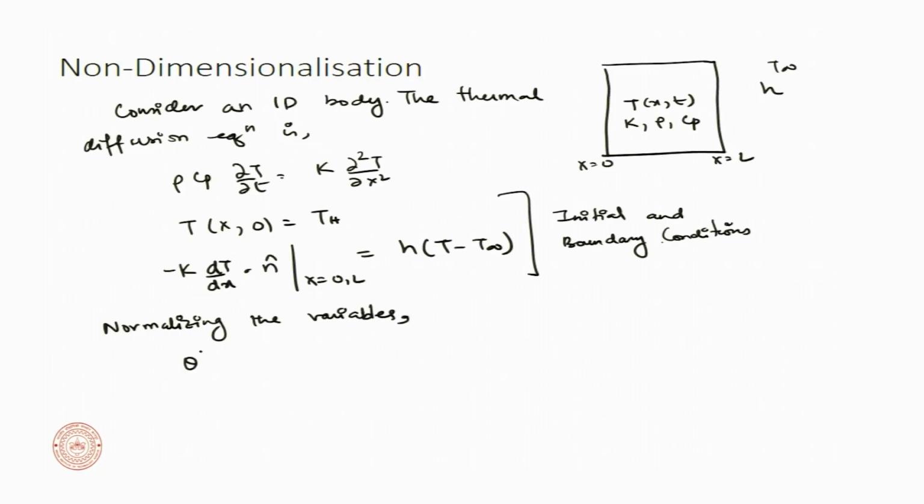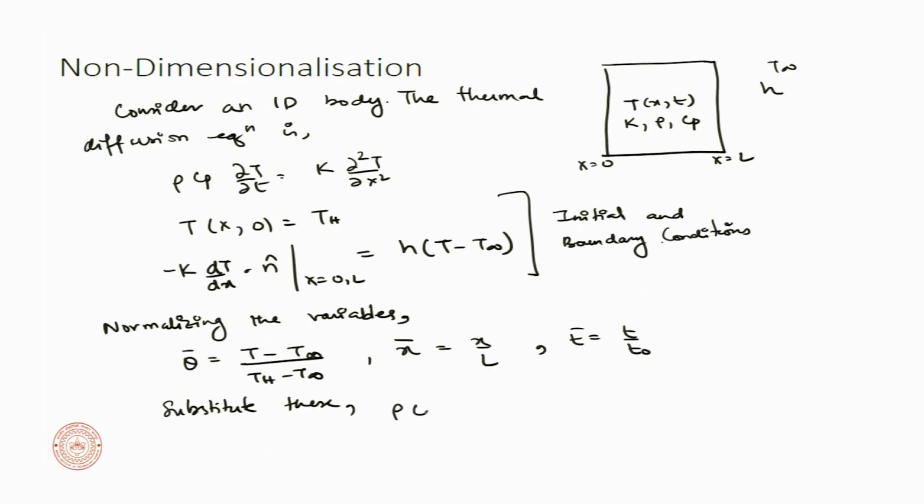So, we will normalize the temperature as theta bar equals (T minus T infinity) over (T hot minus T infinity). We normalize our position vector by length, and we will normalize our time with some constant t naught. We will come to what t naught actually is. Now, we will substitute these back into our governing equation.